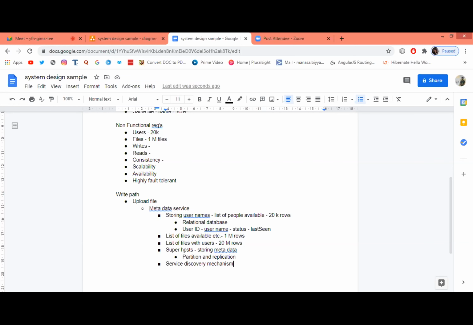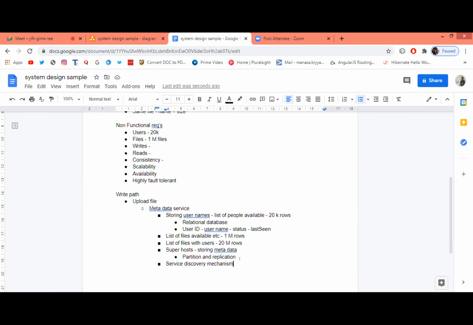So now I know how many files are available in this system, and these three tables basically: user information and the file metadata. Now I have a list of files, and I have chosen to download this file. So what will happen then?